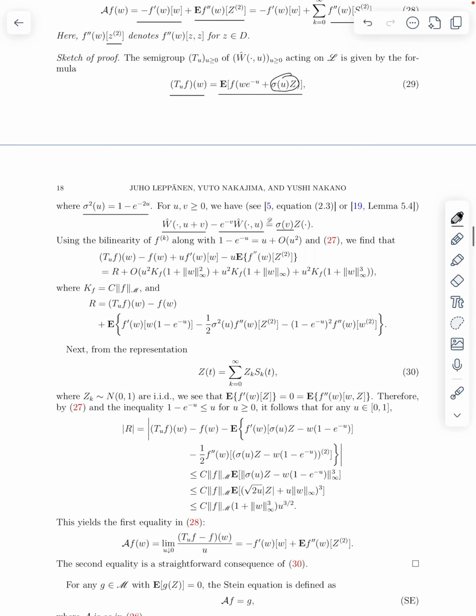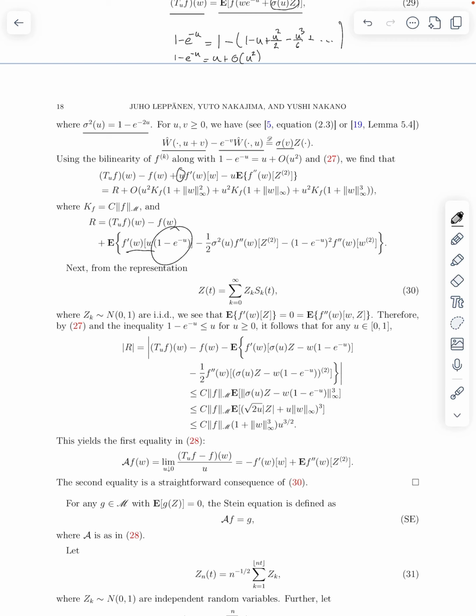That'll pick us up a u times f prime of w term, but that's actually okay because we already have a bound on f prime of w, so we know that f prime of w is in M, because that's what we're trying to define this on. And so actually we can just bound that term explicitly by this first term.